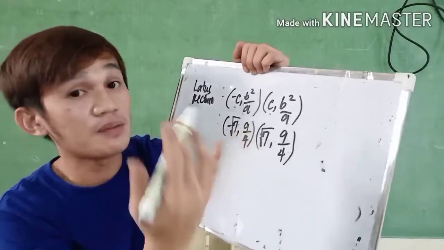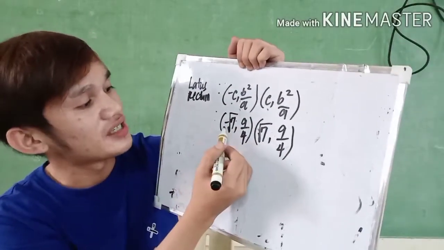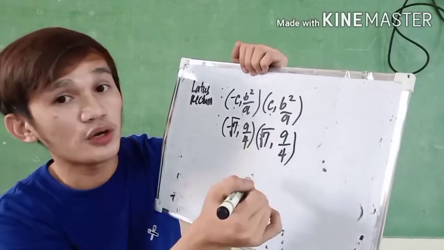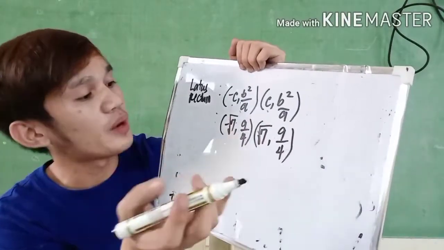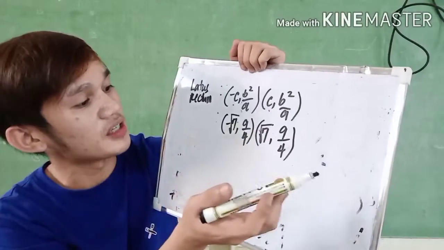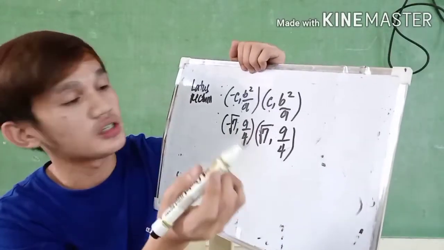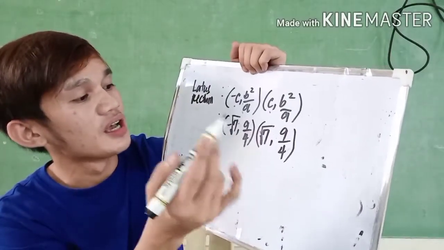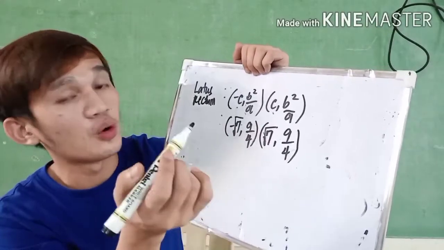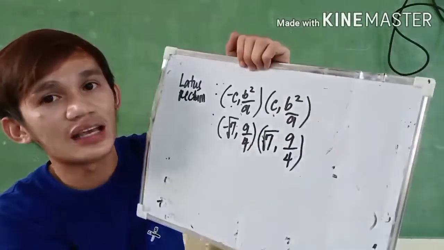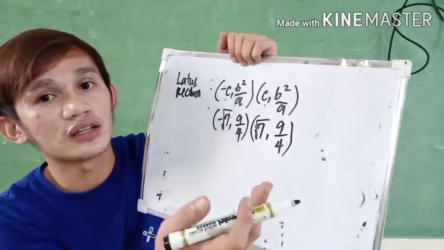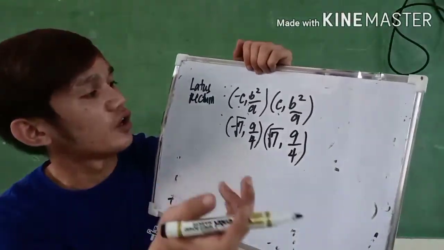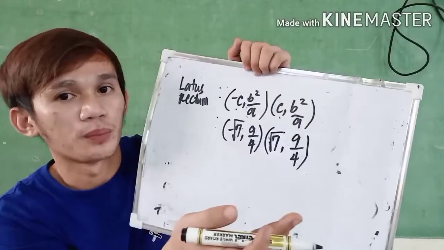So, your C, you're just simply going to substitute. So, your C is negative square root of 7, 9 over 4, because b square over a is 9 over 4, and then the other one is positive, plus or minus square root of 7, 9 over 4. And that is the coordinates, or the endpoints rather, of your latus rectum.